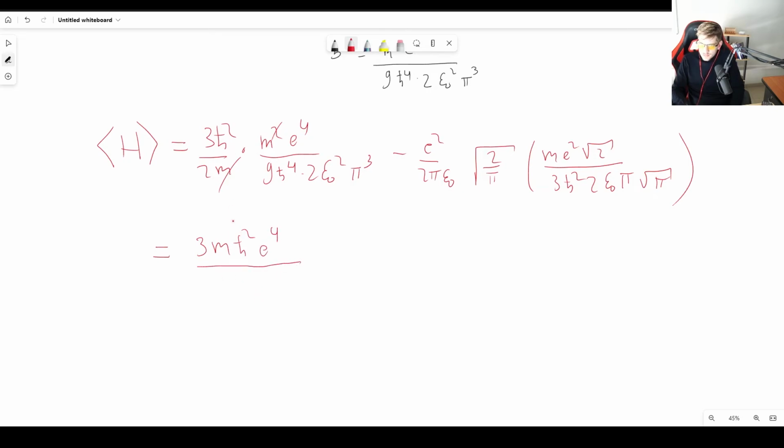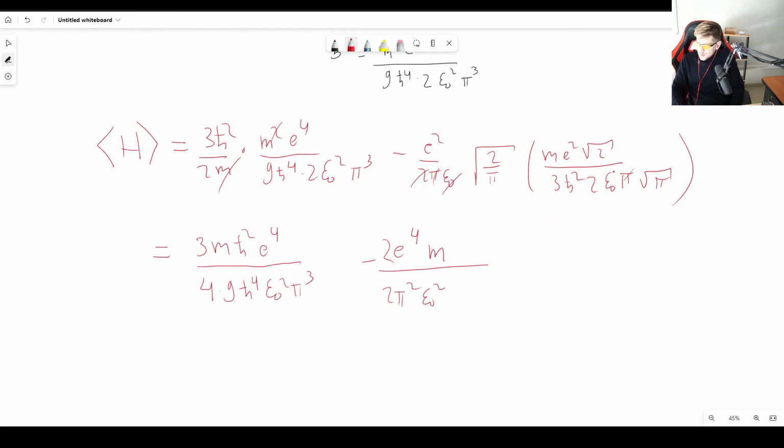And then divided by 4 times 9 h bar to the fourth epsilon 0 squared pi cubed. And then we get minus e to the fourth m. We have square root of 2 squared, so we get 2 divided by 2 pi squared from this and this epsilon 0 squared.